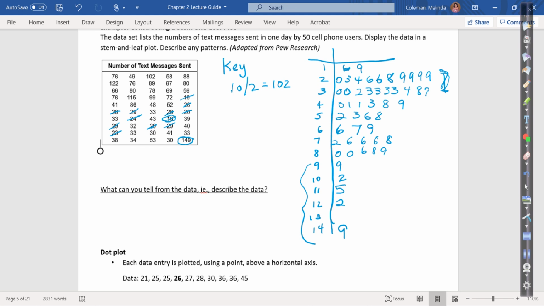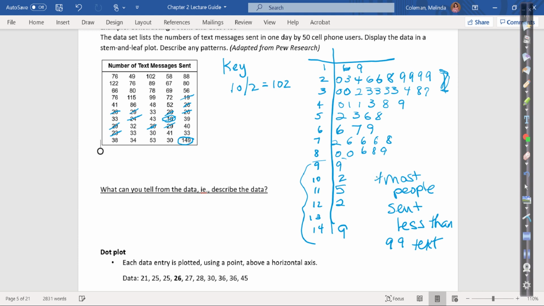So you could say several things, and it might be something like most people sent less than 99 text messages.